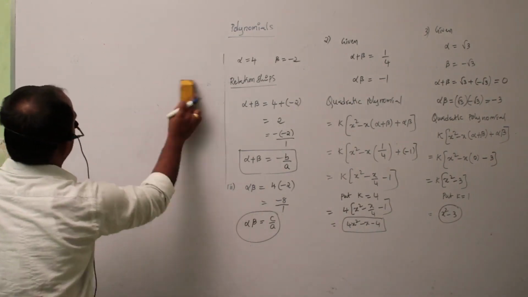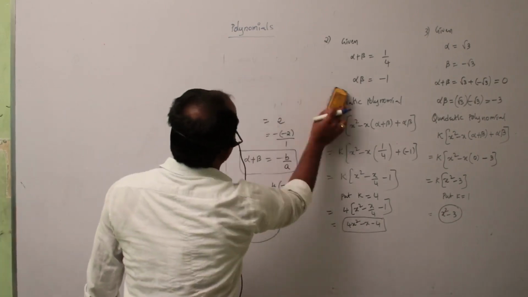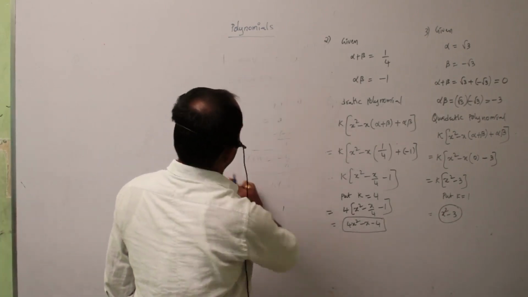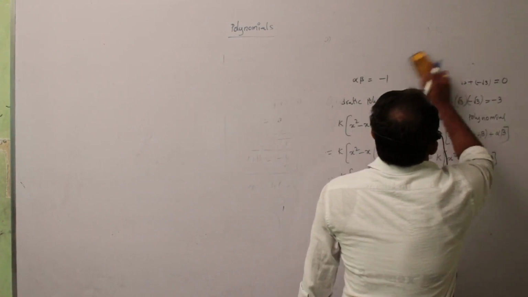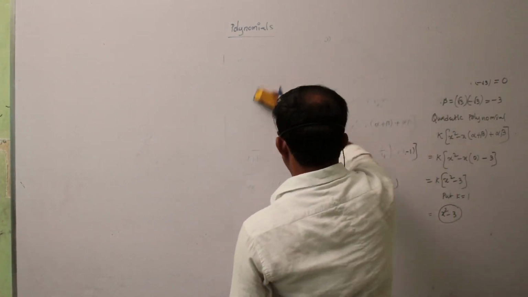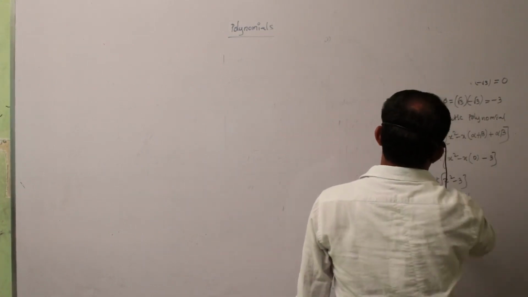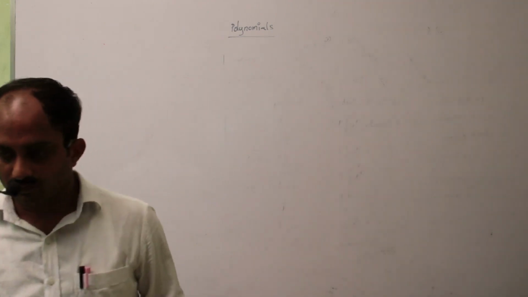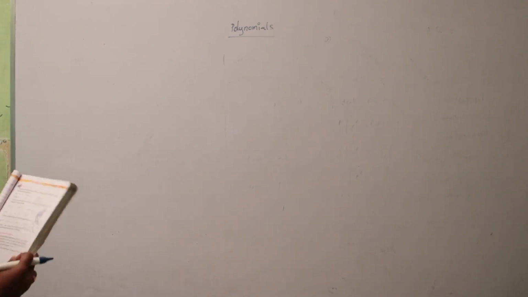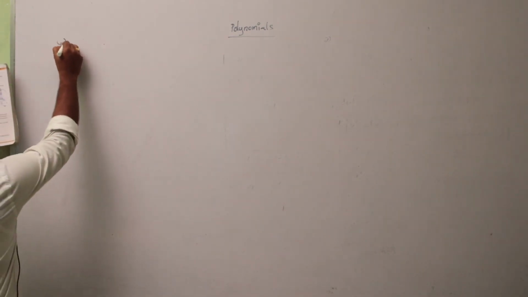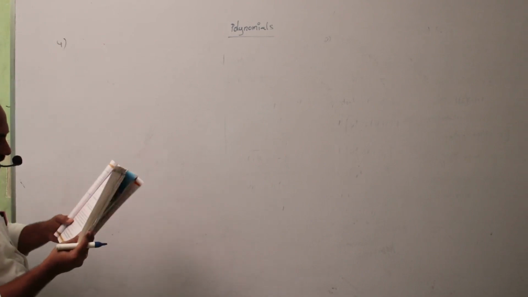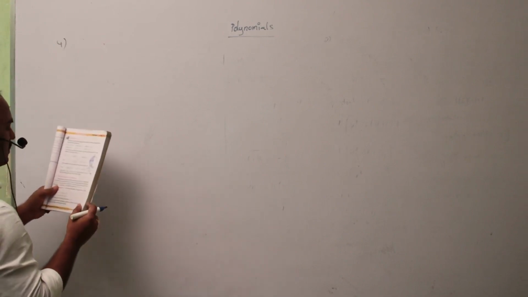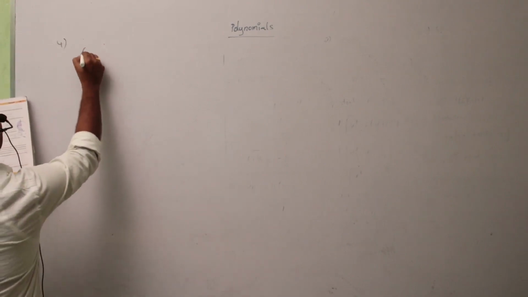Next, another problem. Fourth one. Verify that 1, minus 1 and minus 3 are the zeros of the given cubic polynomial.